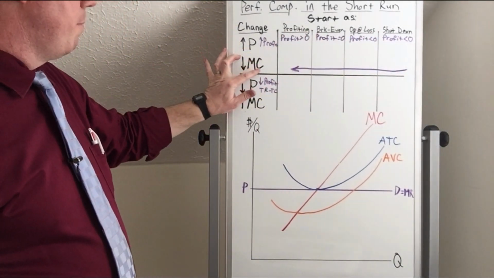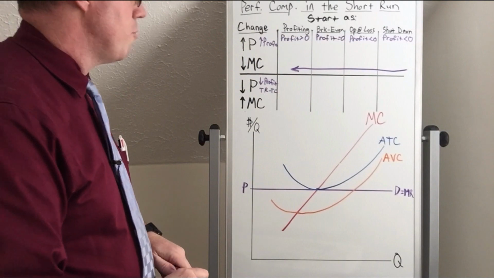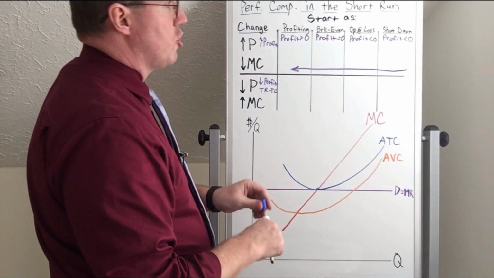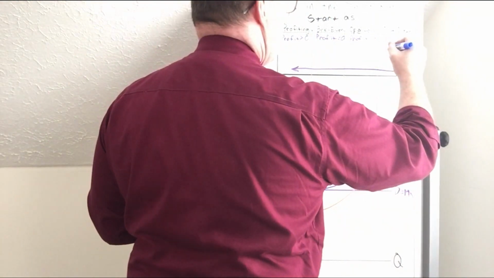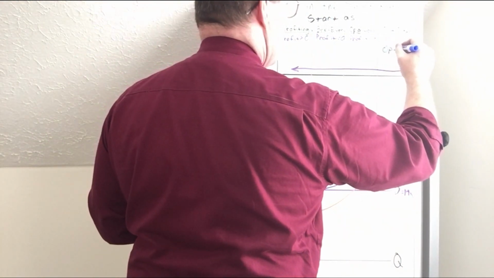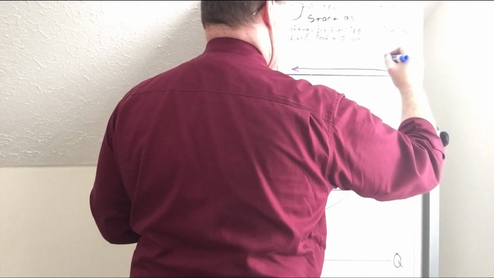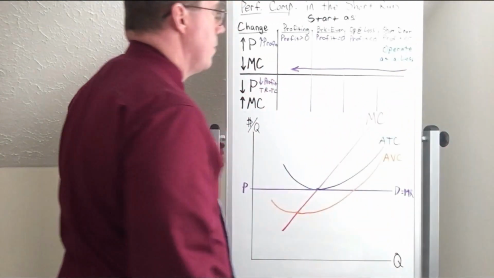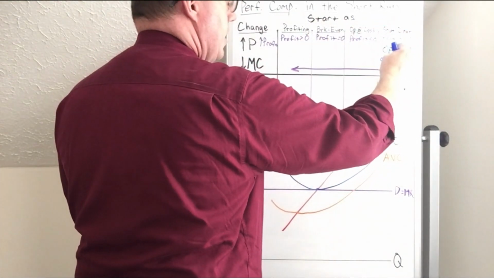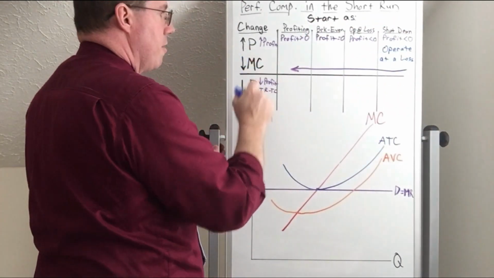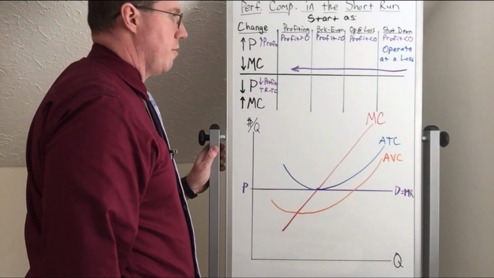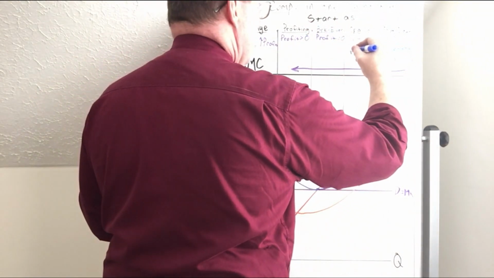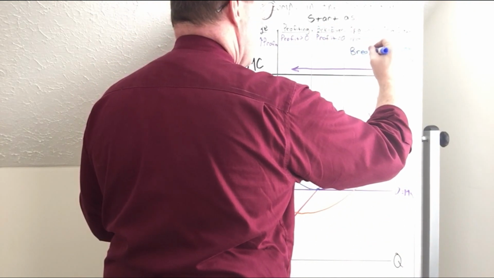So when price goes up or marginal cost goes down, a firm that is shutting down will go to operating at a loss. It starts as a shutdown, then it becomes operating at a loss when the price increases or when marginal cost decreases. If it starts as operating at a loss, it'll move to break even.